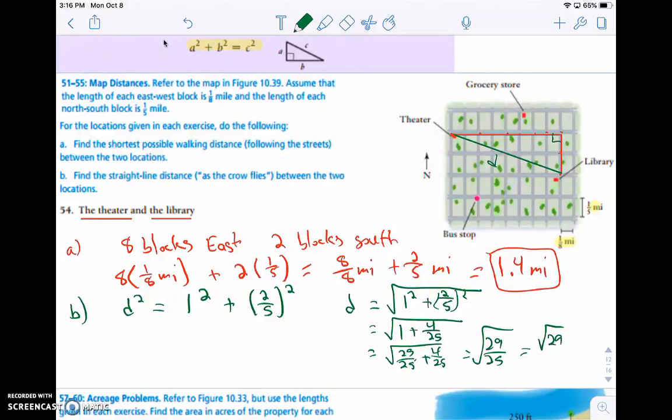Or you get it down to the square root of 29 over 5. But if we take that to a decimal out a couple of decimal places, I got 1.08 miles.